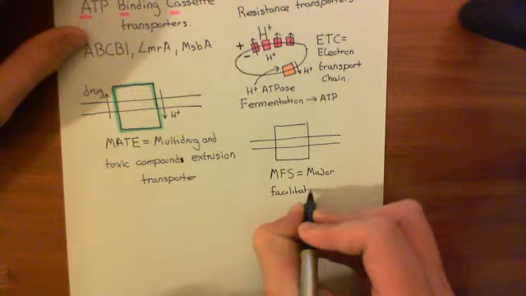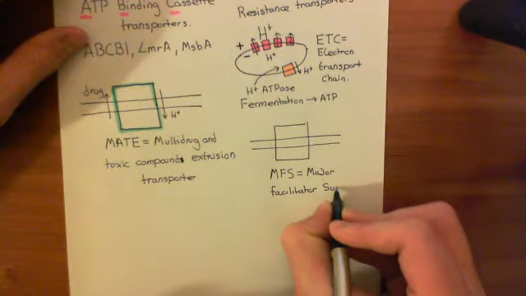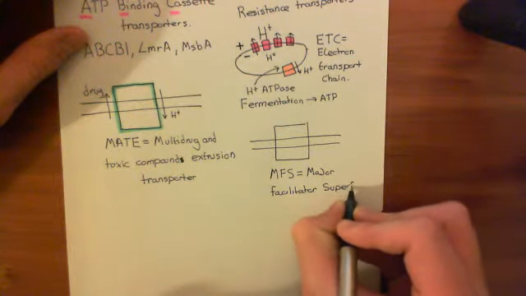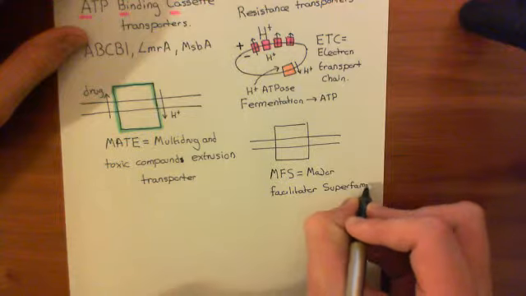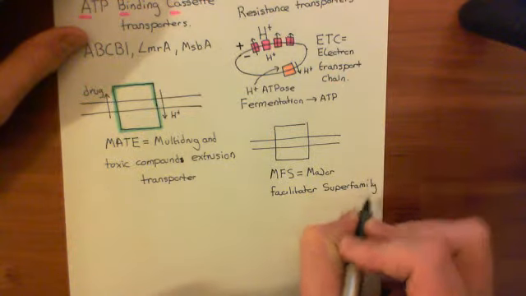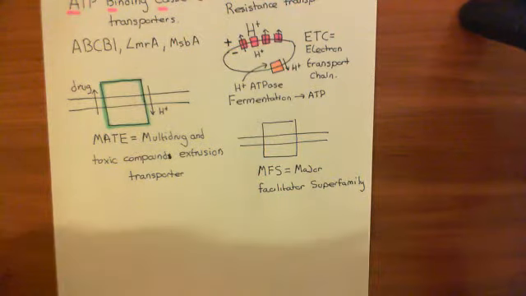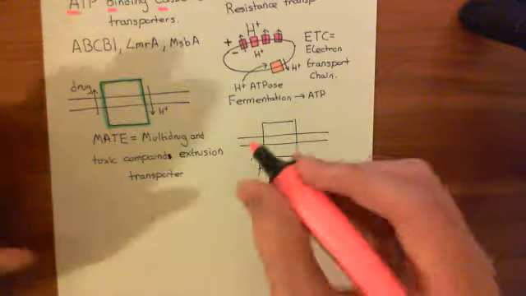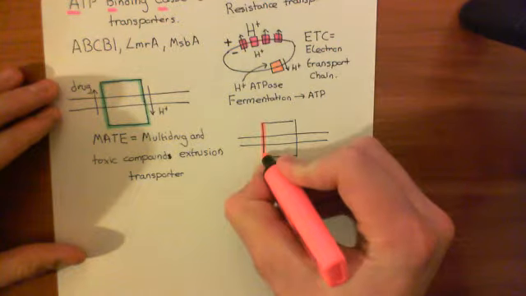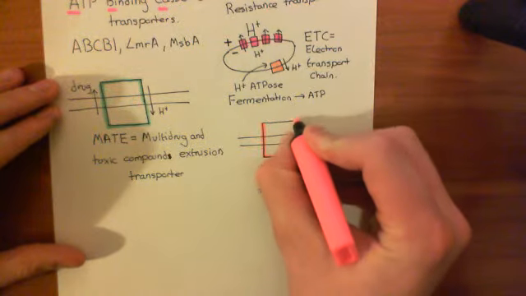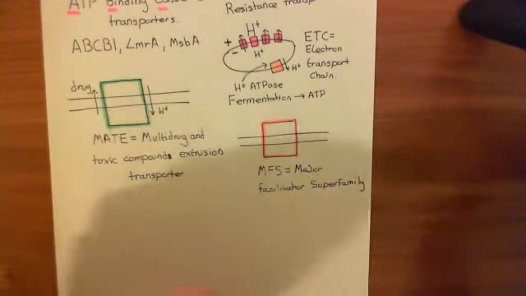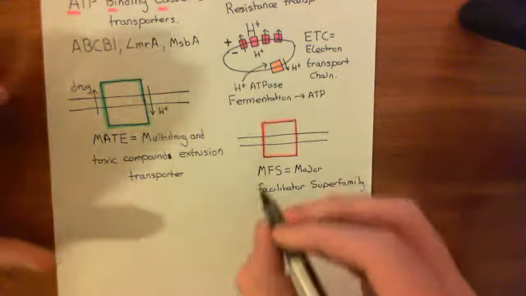Again, these are proteins which you find in the cell membrane of bacterial cells, which are going to extrude drug molecules from the cell, and which will couple the movement of the drug out to the movement of protons in, and that's how they drive the movement out. So again, they are an example of a secondary active transporter.